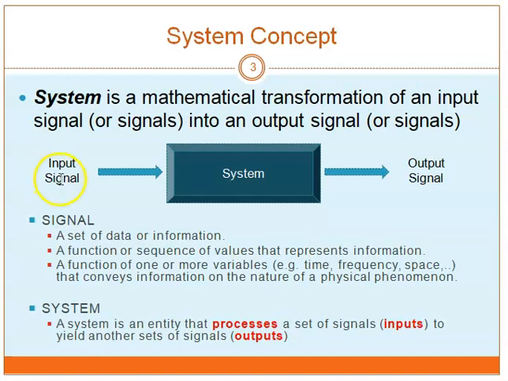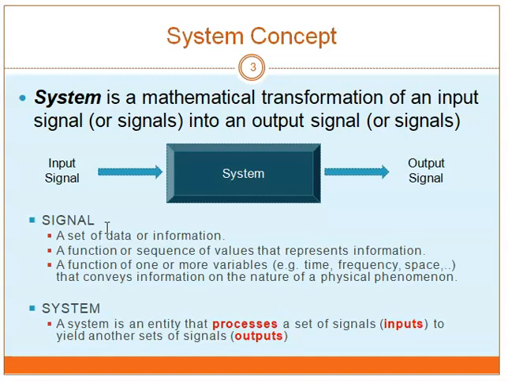So, we have an input signal coming into a system, then it will produce the output signal. A signal is a set of data or information, or a function or sequence of values that represents the information.